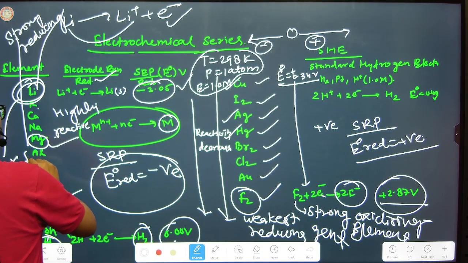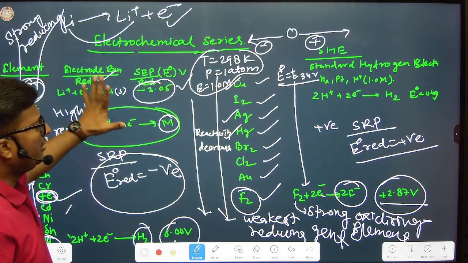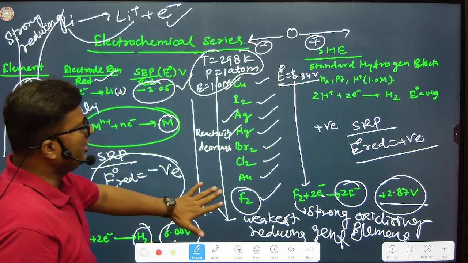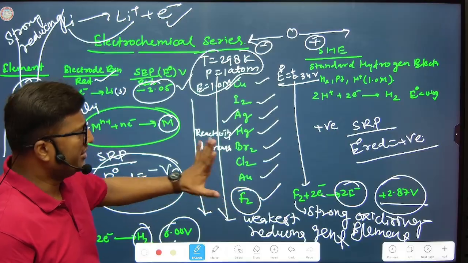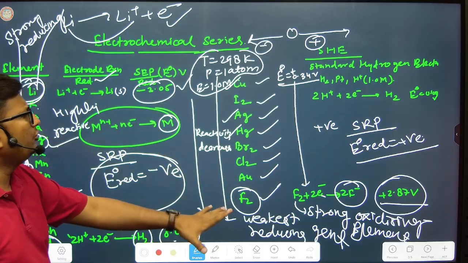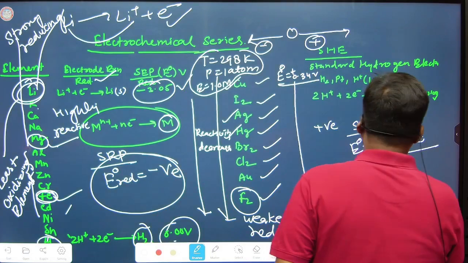Lithium is the weakest oxidizing element, while fluorine is the strongest or highest oxidizing agent. And all the atoms in between these two change accordingly.